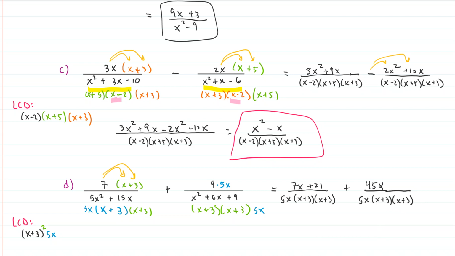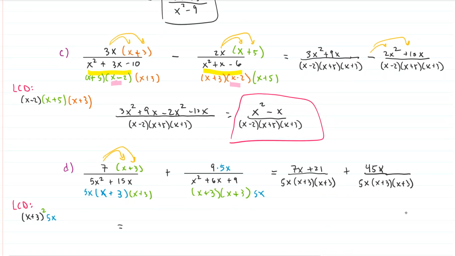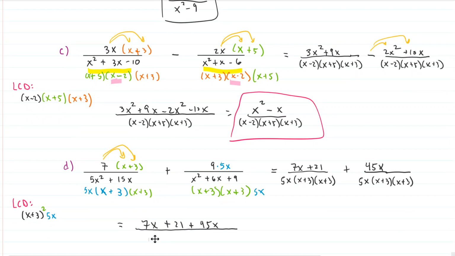Now we have a common denominator, and we can simply combine the tops, which is not too bad, right? We have a 7x, and we have a plus 21, and we have a plus 45x, and all of that is over our common denominator.